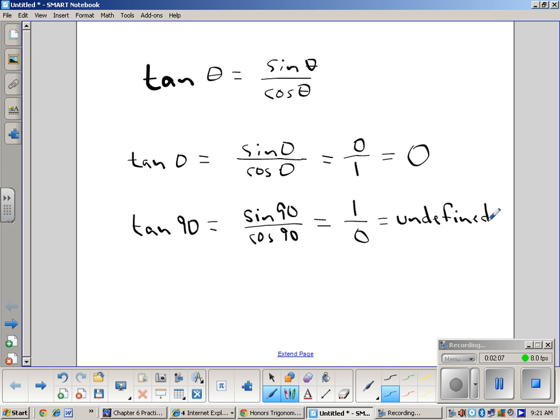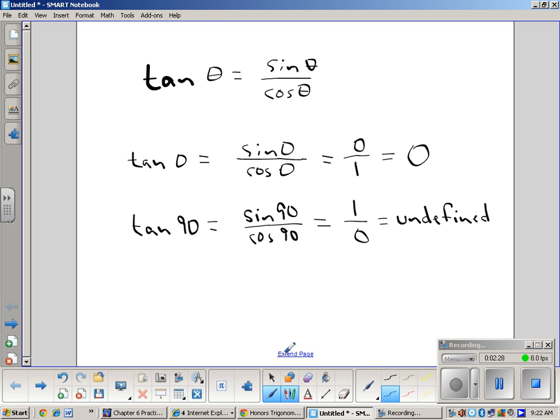So what happens when I go to graph that point? There's a point of discontinuity there. In this case, it's going to be an asymptote.